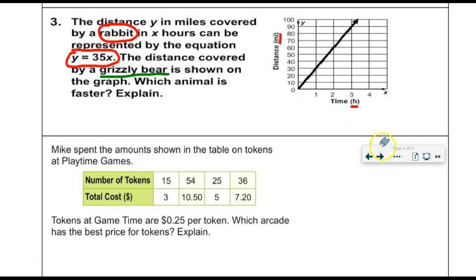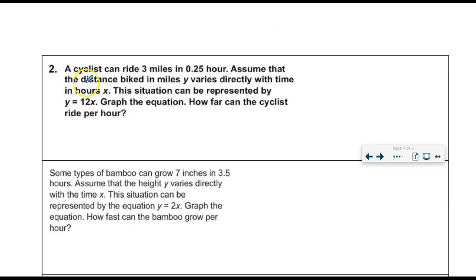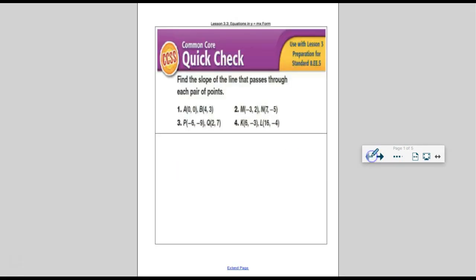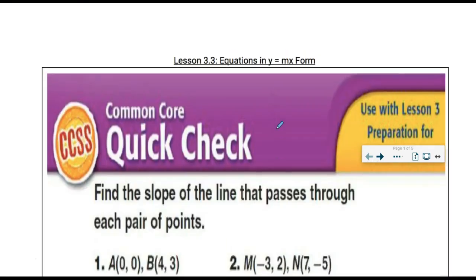So a couple of things to keep in mind. If you go all the way back to the very beginning, you notice at the top that it says equations in y equals mx form. So this is a linear equation. y represents the y coordinate, x represents the x coordinate, m represents the slope.